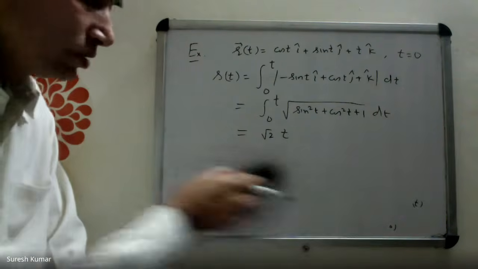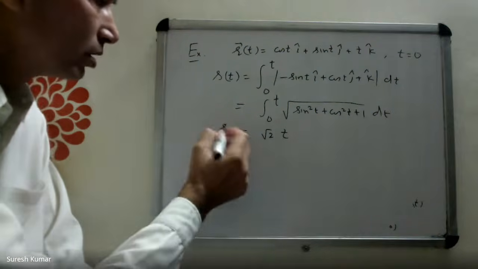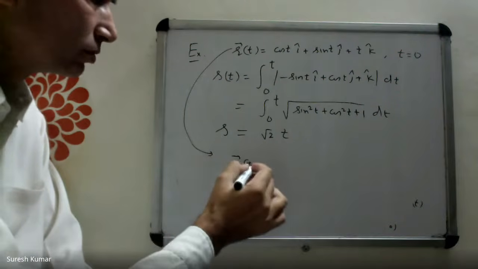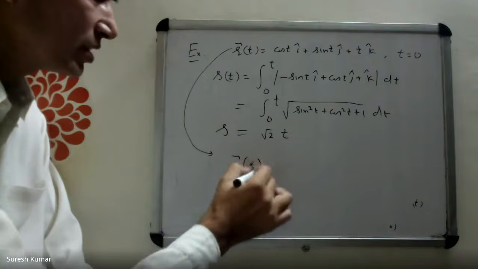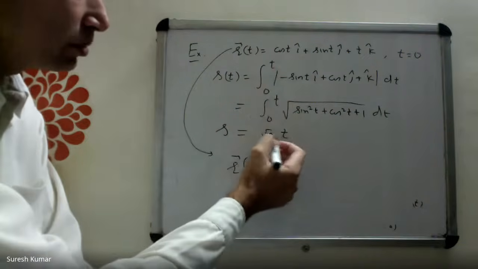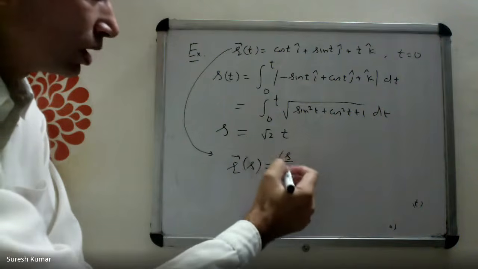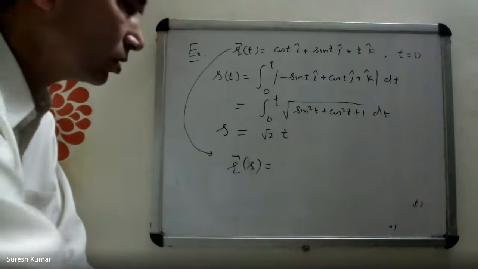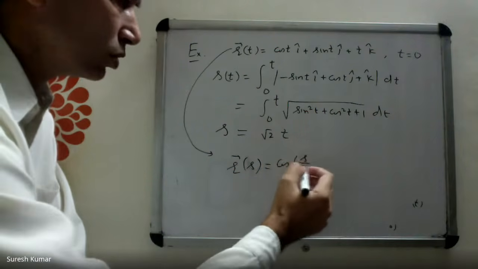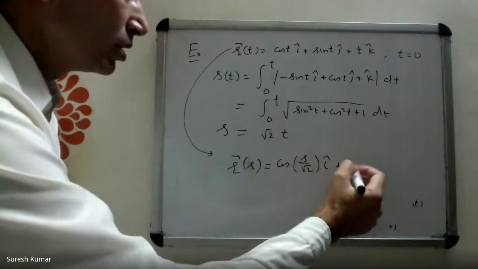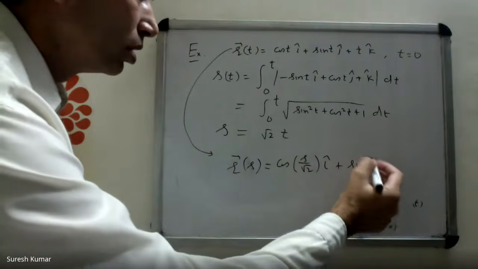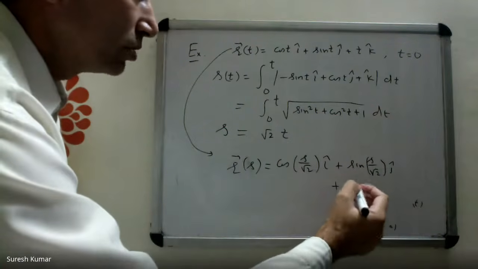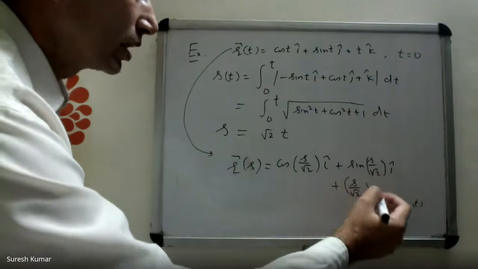From this relation, you can express this equation in terms of arc length parameter also. You can say that r is a function of s. t can be replaced by s over root 2. So cos s over root 2 i cap, sin s over root 2 j cap plus t times, means s over root 2 k cap.